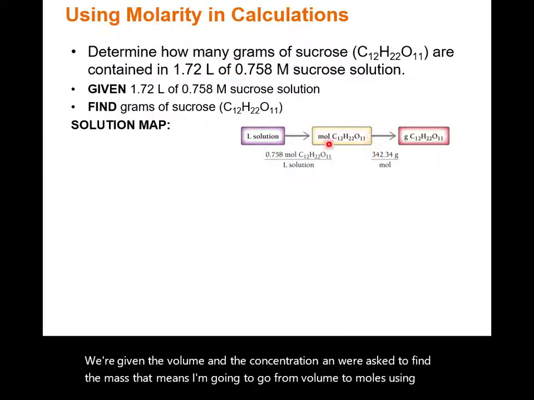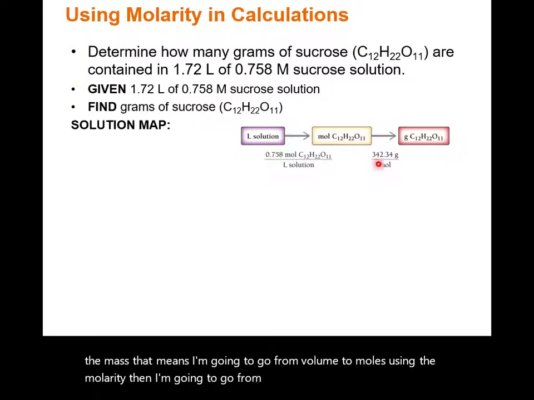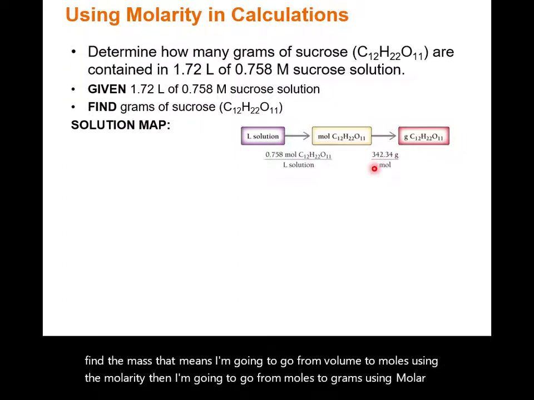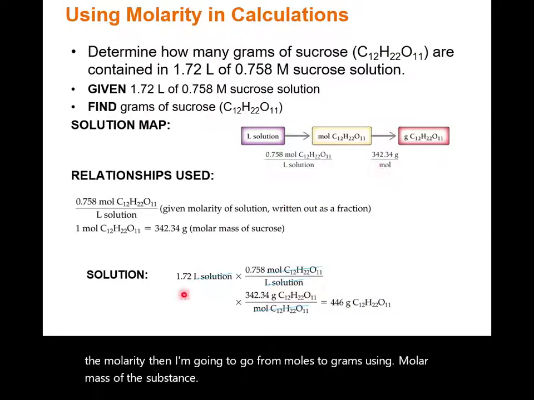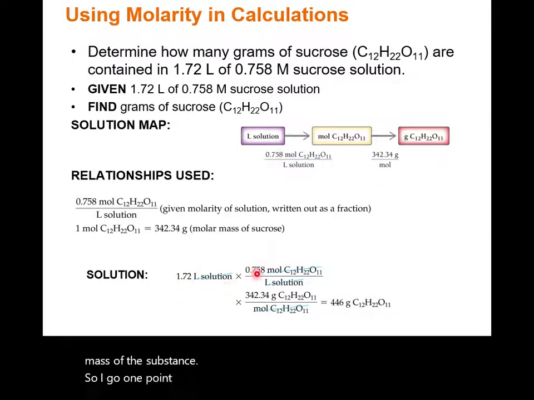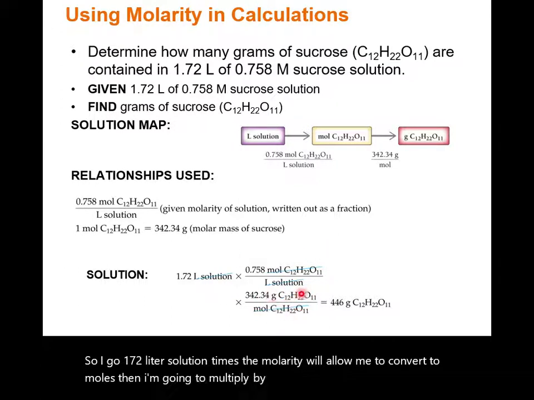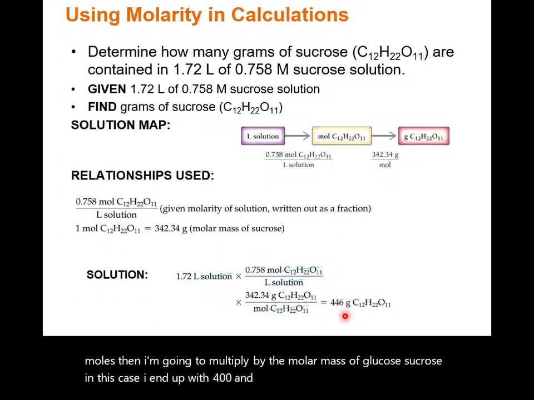Then I'm going to go from moles to grams using the molar mass of the substance. So I go 1.72 liter solution times the molarity, which will allow me to convert to moles. Then I'm going to multiply by the molar mass of sucrose in this case. I end up with 446 grams of sucrose.